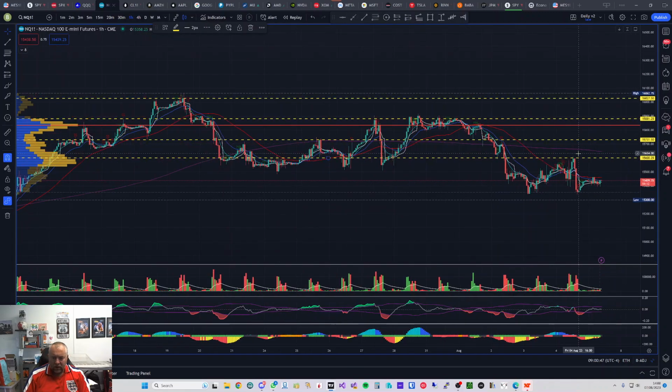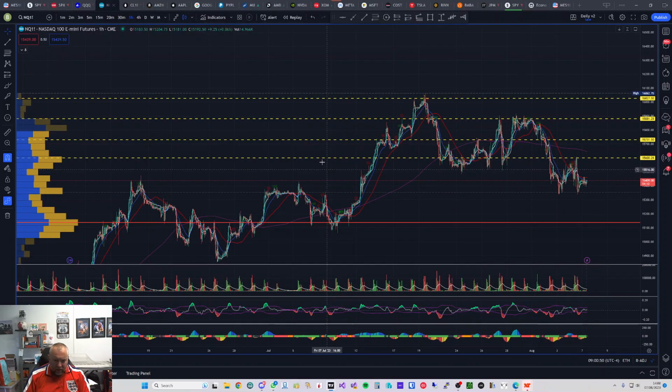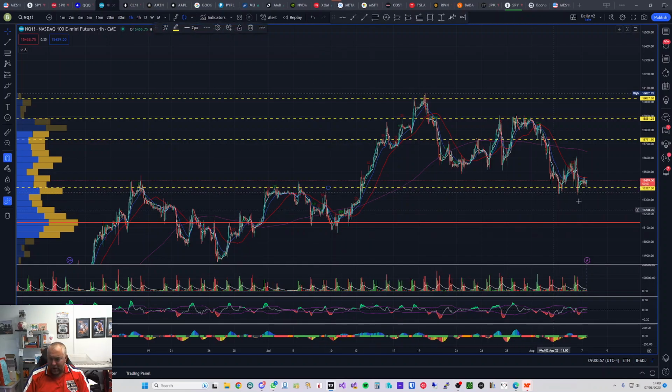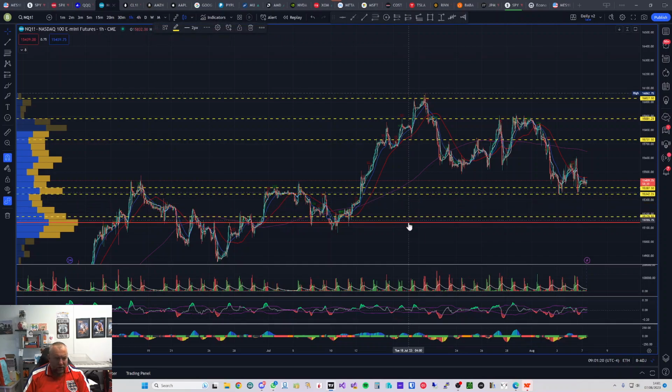And then have I got anything lower than that? No, I've not drawn any in, but let's just do a quick one now. So we've got this area where we're at now, it's a potential bounce, we've already bounced off it actually, and then 15,384, and if we get through that, we've got quite a big run down, probably this level here, 15,331, and then finally we've got this area around here.